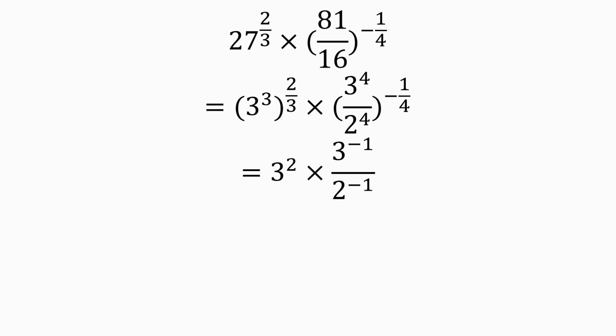So if you rewrite that, we shall have 3 squared times 2 over 3, since both are raised to power negative 1. And then we simplify. The 3, as the denominator, cancels out with one of the 3s in 3 squared, and so we are left with 3 times 2, and 3 times 2 gives us 6. So that is how you evaluate a question with powers without using a calculator or mathematical tables.